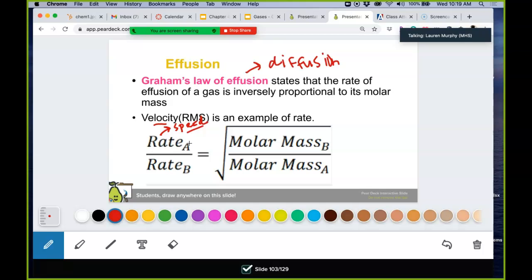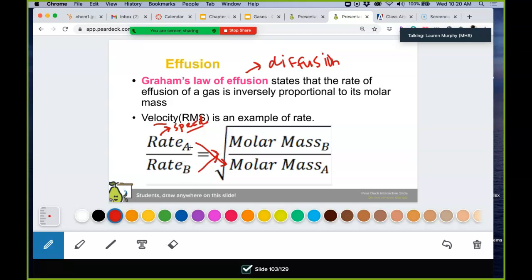Okay, so this is the speed of one gas compared to the speed of another gas, and it equals the square root, and notice their molar masses switch spots. The molar mass of B goes up top and the molar mass of A goes on the bottom. So all this is saying is the speed at which gases move, assuming temperature is the same, depends on their molar masses. Lighter gases move faster and heavier gases move slower.